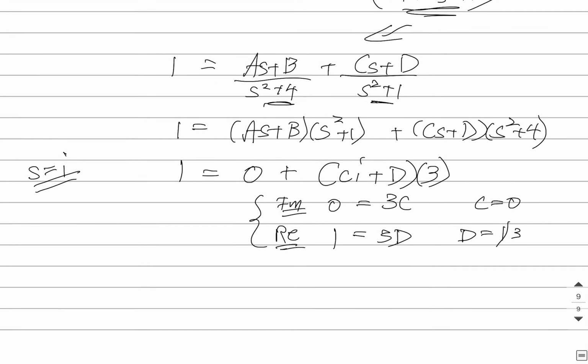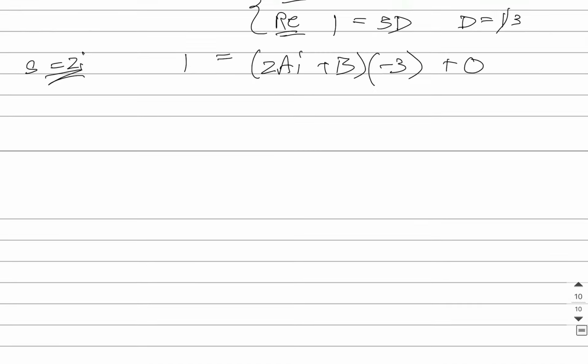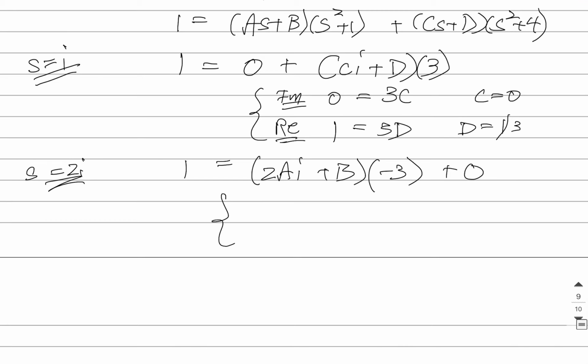Now when s is equal to 2i, you're going to have a similar situation. You'll have a 1, (2ai plus b) times negative 3, and this term will be 0. That's going to give you something equally easy when you talk about the coefficients. You're going to have a 0 and a 1. So the 0 will be for all the imaginary parts.